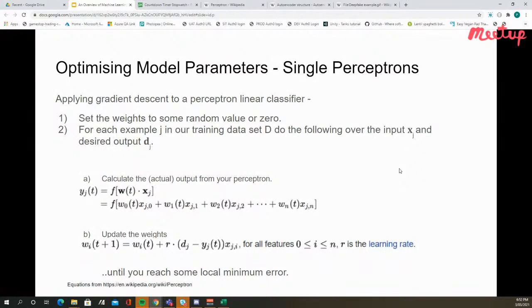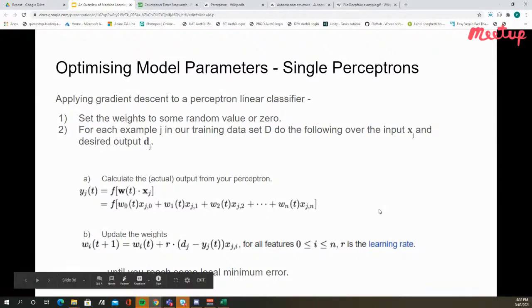So how does this work for a perceptron linear classifier, which is the start of neural networks, if you will? What you do is you set the weights to some random value or 0. You calculate the actual output from your perceptron, and then you update the weights by taking the desired value. You execute this equation where you have some coefficient called the learning rate R, which you don't want to be too big. You don't want it to be too small. If it's too small, it'll take forever to reach a minimum, and if it's too big, it might overshoot and go back up the other end.